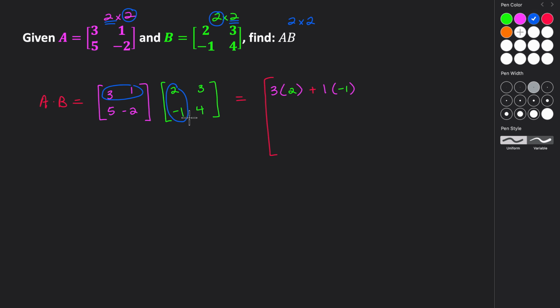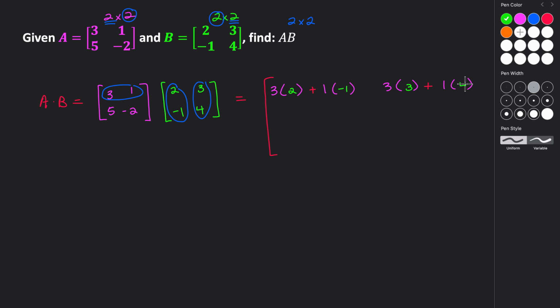Then to get the second element, we take the first row times the second column. That gives me entry 1, 2. We do the same thing: first element times the corresponding element, so 3 times 3, plus 1 times 4.